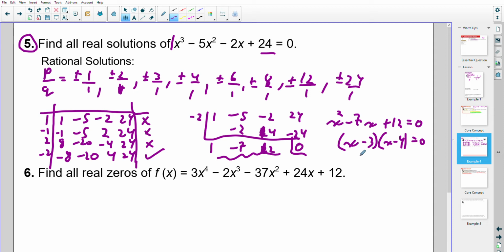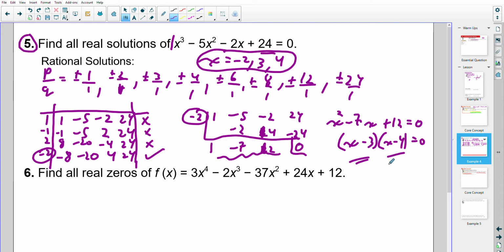Okay, so all this means that the real solutions are going to be x is equal to -2, x is equal to 3, and x is equal to 4. I got -2 from this, and I got +3 and +4 from solving that.